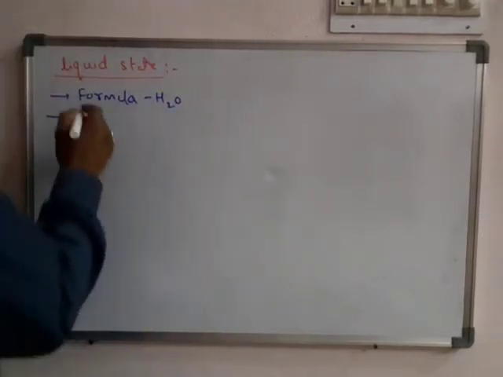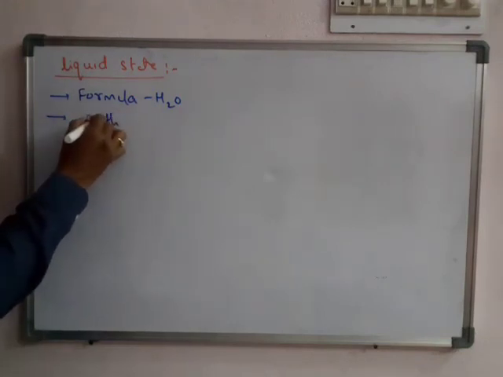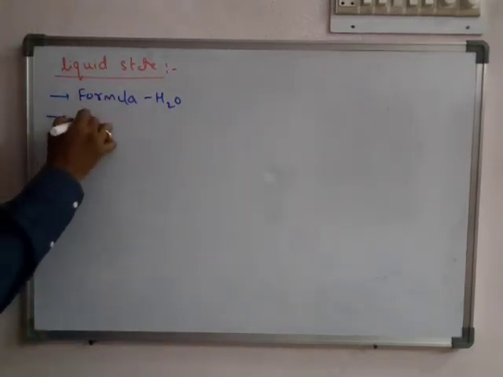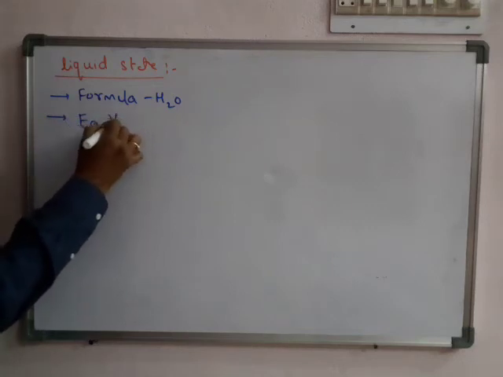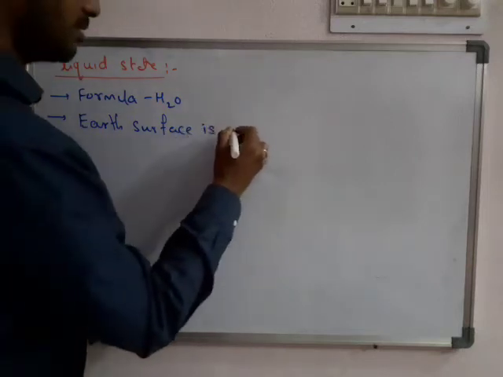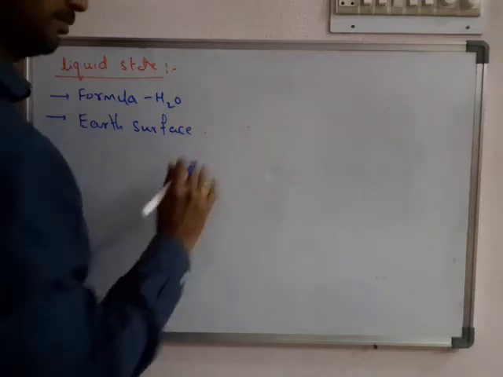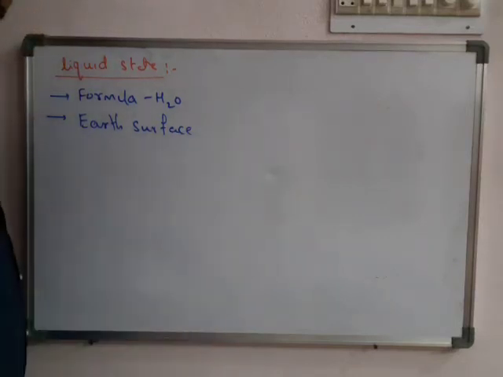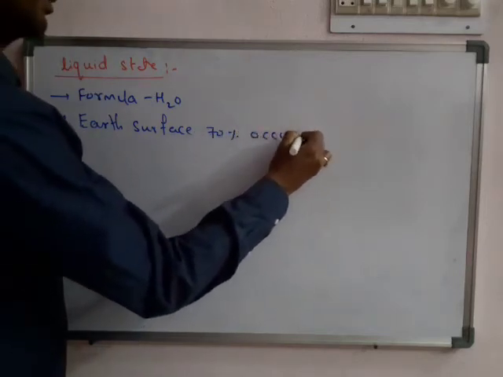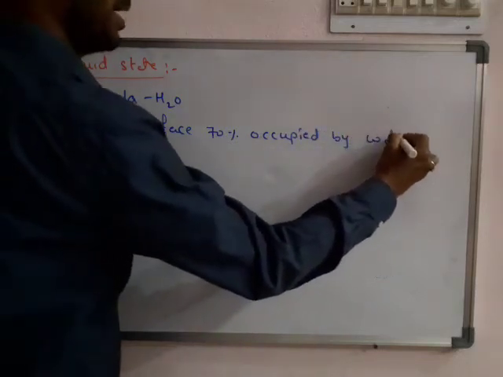Okay, here we can write a point: the Earth at the surface, up to 70% is occupied by water.